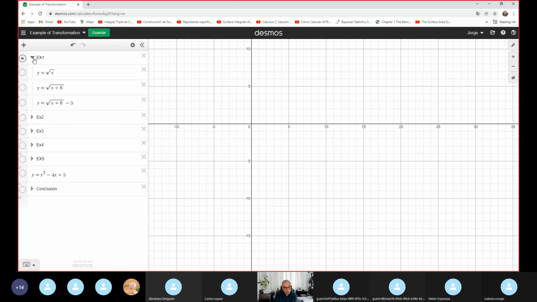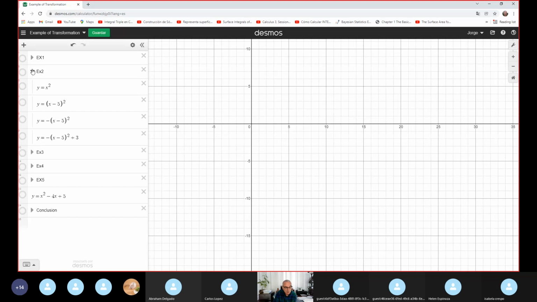So let's continue. In order not to switch again, the next example is this one. Okay, you copy y equals minus parenthesis x minus 5 squared plus 3. So I realize that this function the professor wants you to graph belongs to the family of the parabola.